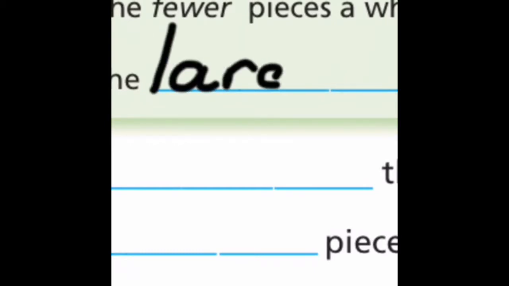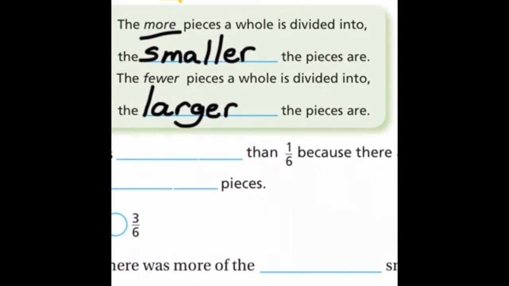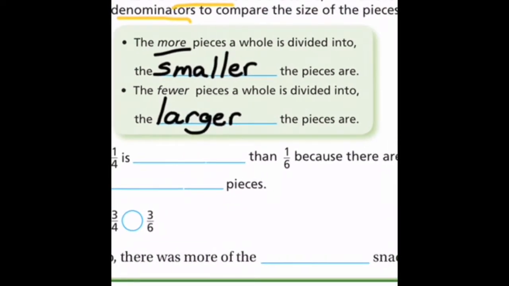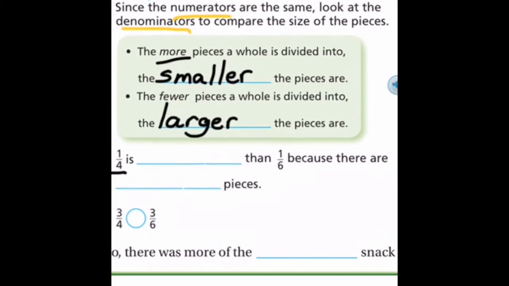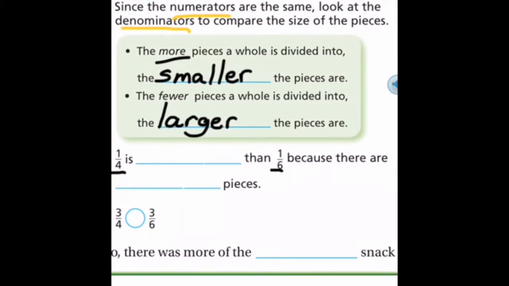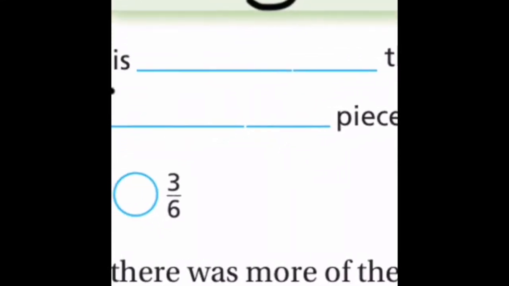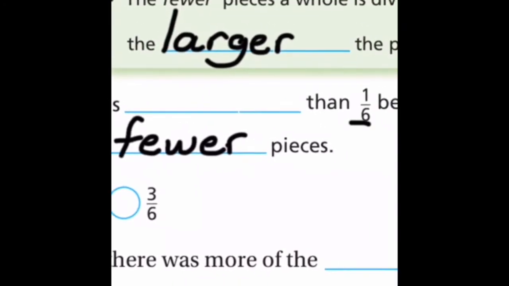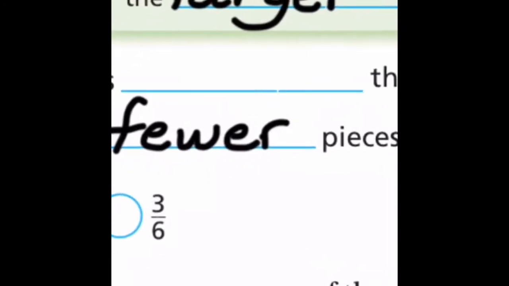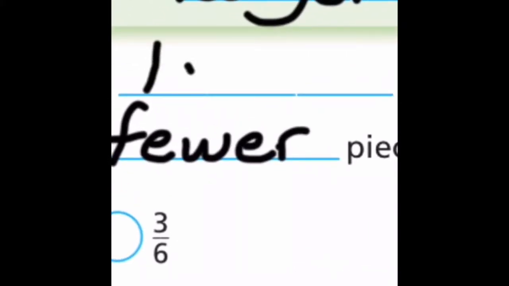And in our example, that one was divided into 4 pieces, so its pieces were larger. 1/4 is blank than 1/6 because there are blank pieces. 1/4 has fewer pieces, and since it has fewer pieces, it only has 4 compared to the 6. Those 4 pieces are larger than each 6.